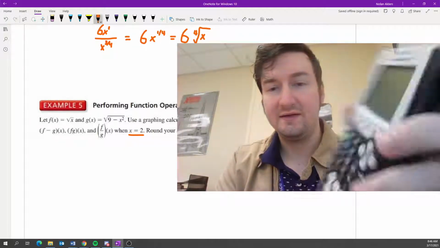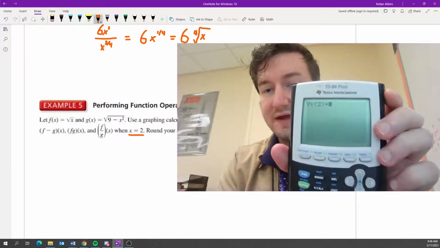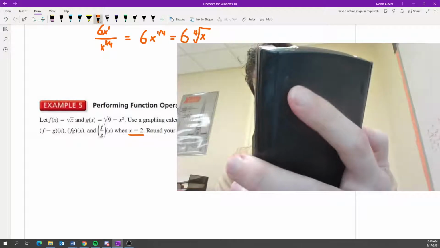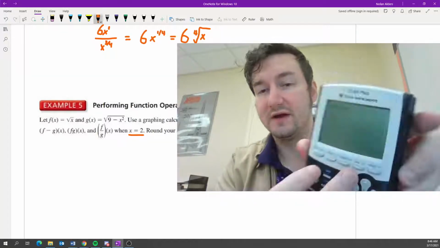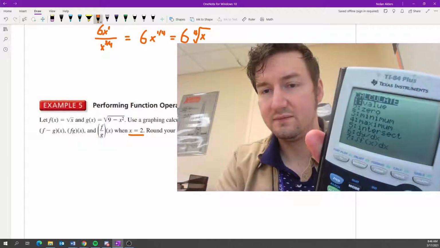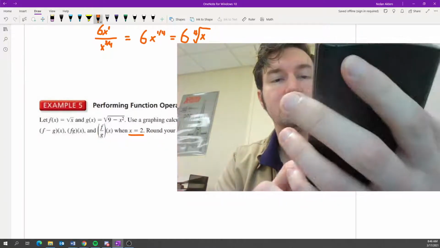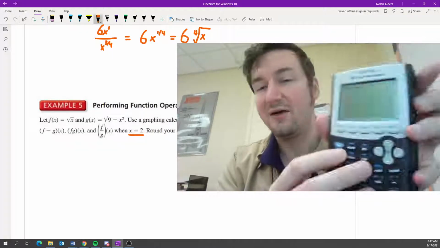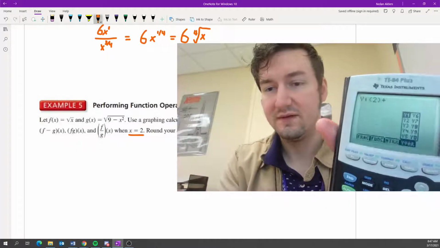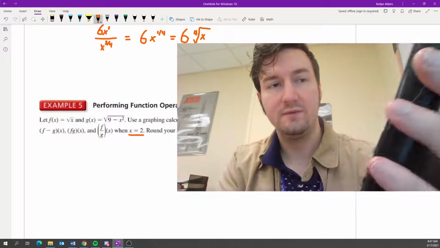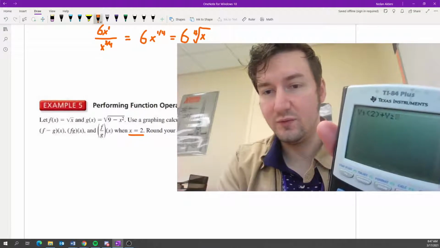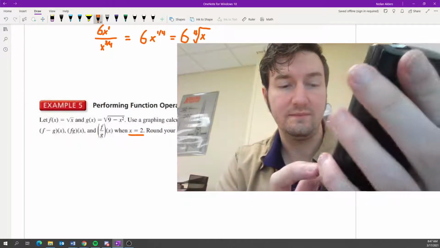Then we want to add to it y2, so again it's alpha trace, my bad, go down to y2, press enter, and put 2 in parentheses again.